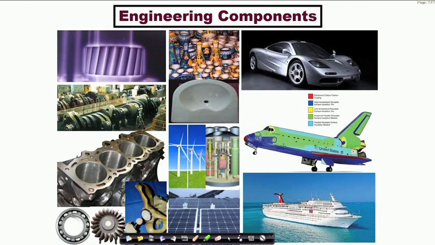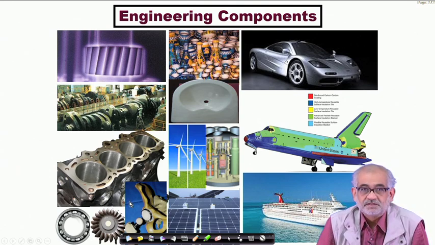To begin with, when you look at the slides, the very first slide gives you a collage of various components. They're not at all connected with each other. We are talking about, for example, a gear component here, a camshaft, an engine block, a bearing assembly.